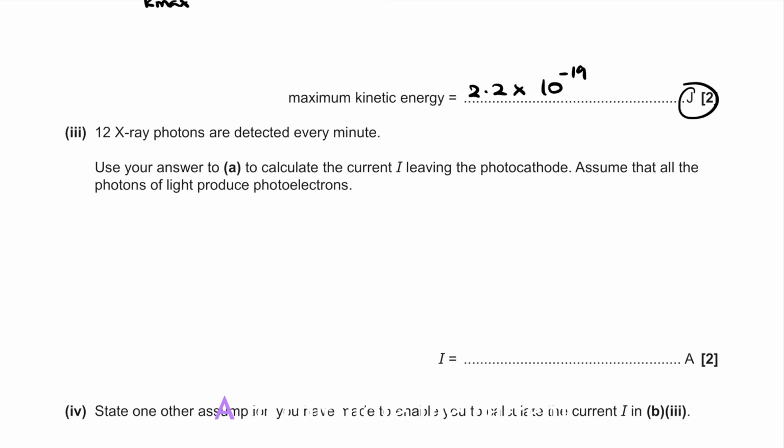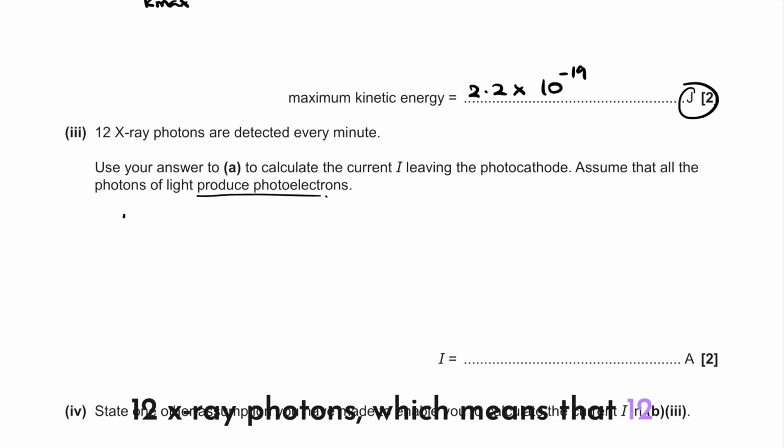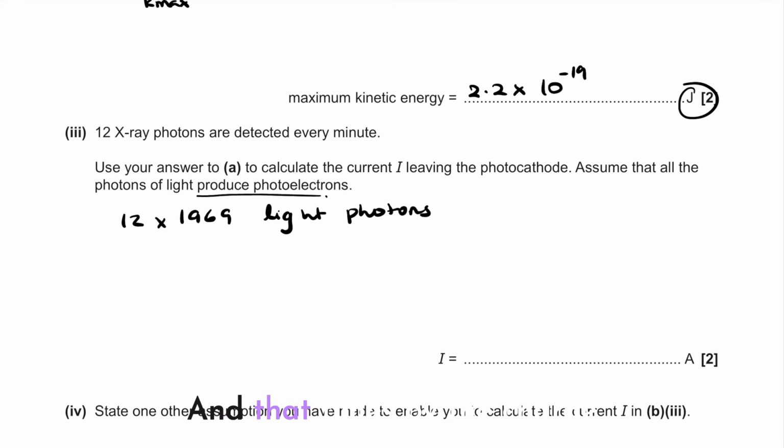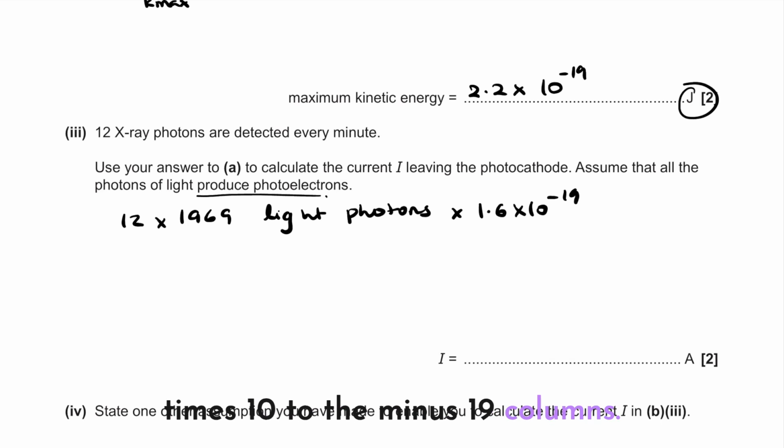Next part, 12 X-ray photons are detected every minute. Use your answer to part A to calculate the current leaving the photocathode. Assume all photons produce photoelectrons. 12 X-ray photons, which means that 12 times 1969 light photons are produced, and that times by the charge on the electrons, which is 1.6 times 10 to the minus 19 coulombs, and divide this by 60 seconds.